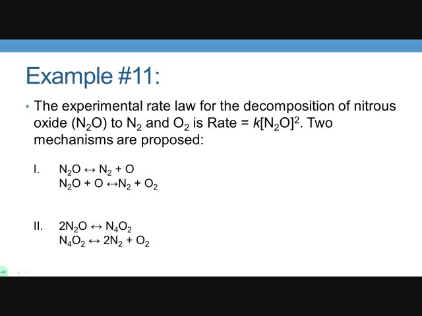Yes. The intermediate for the first one is oxygen, so the overall would be 2 N2O makes 2 N2 plus O2.